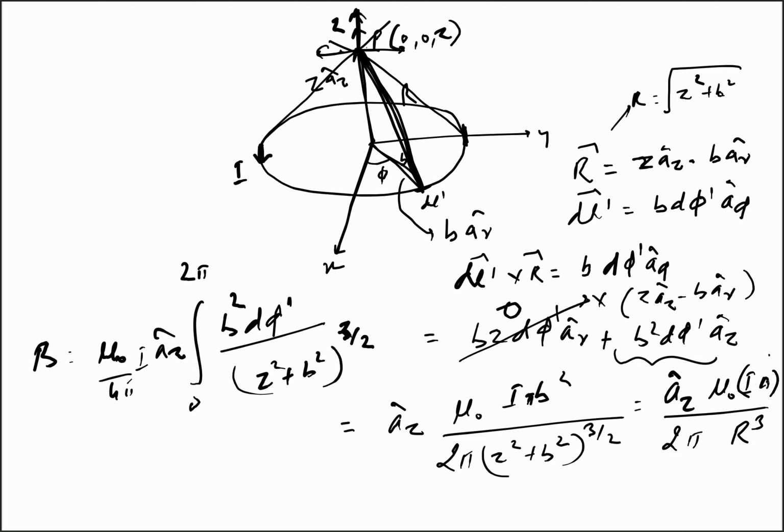Now this quantity IA az is called the magnetic dipole moment. So B is simply equal to μ0 upon 2π times the magnetic dipole moment over r cubed.